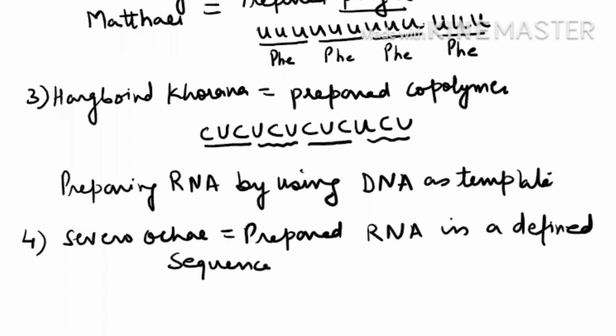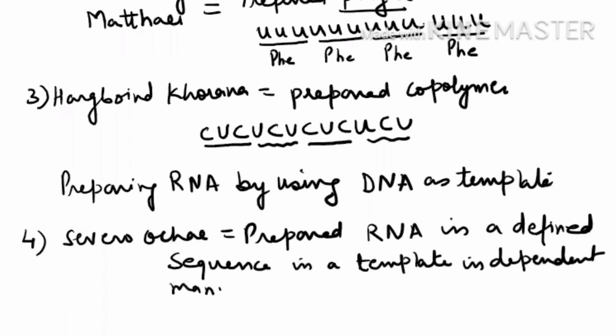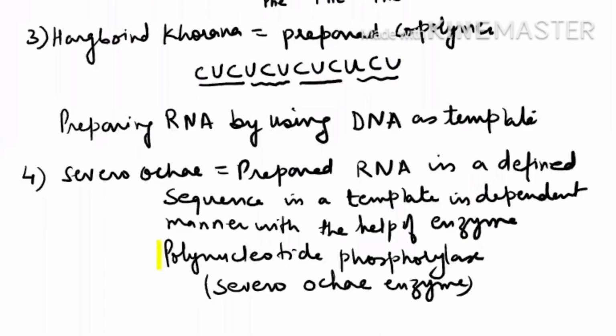He prepared RNA in a defined sequence in a template independent manner, meaning he didn't use a template. Without using a template, he prepared RNA with the help of an enzyme, polynucleotide phosphorylase. To give respect to him, we call this enzyme the Severo Ochoa enzyme also.